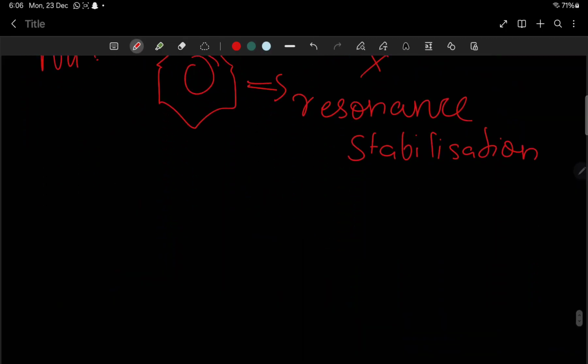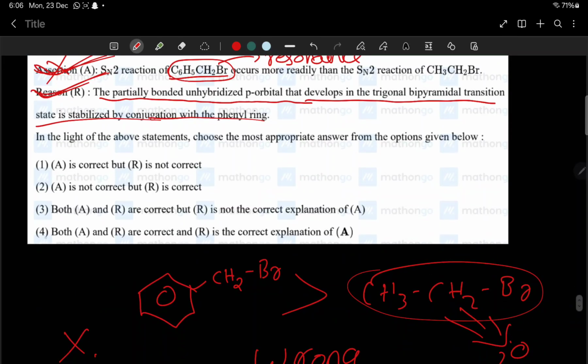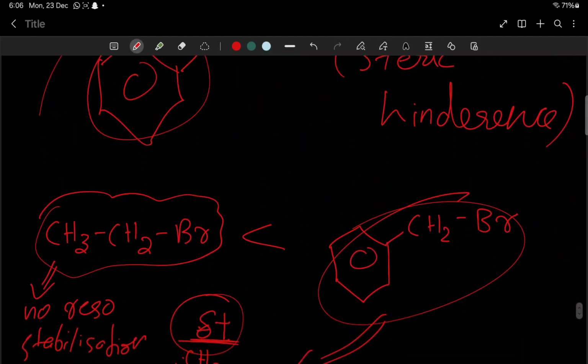That's the reason why this statement is correct. Because of resonance, C6H5CH2Br is more stable. So assertion is also correct. So assertion and reason both are correct, and reason is the correct explanation of assertion. That's the answer. Now next question.